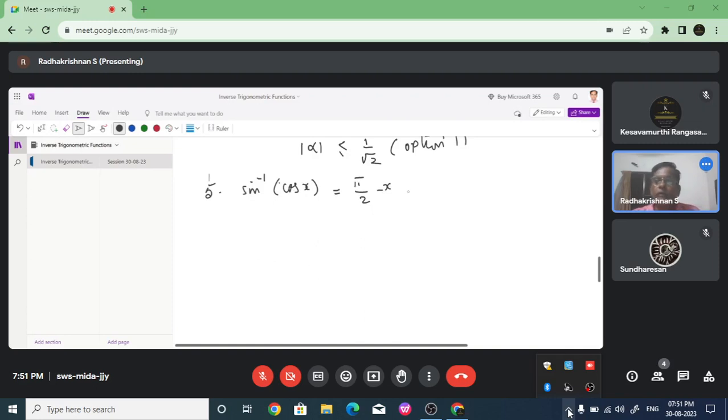Okay. So now they are asking you to find out what range of x this is valid. What range is it valid?